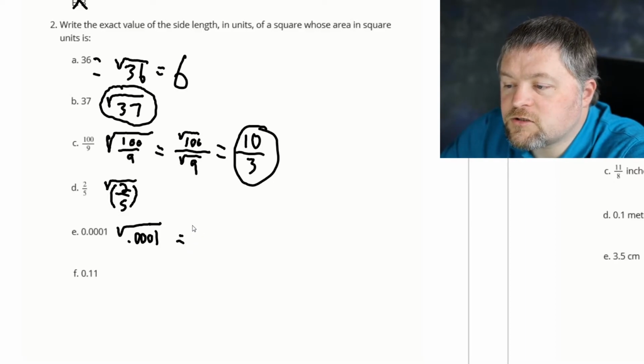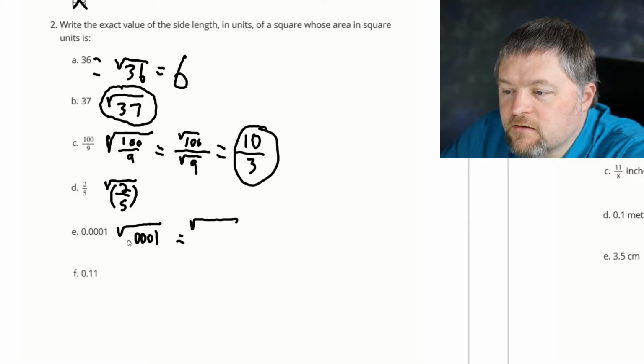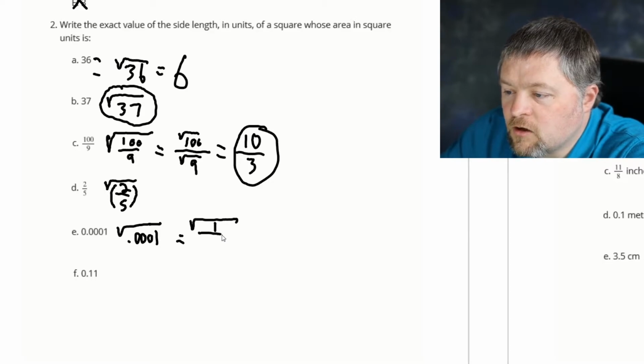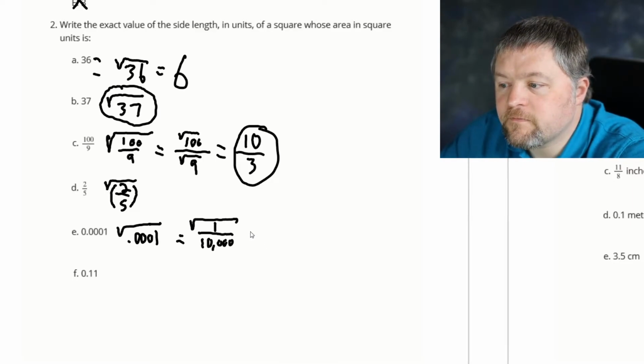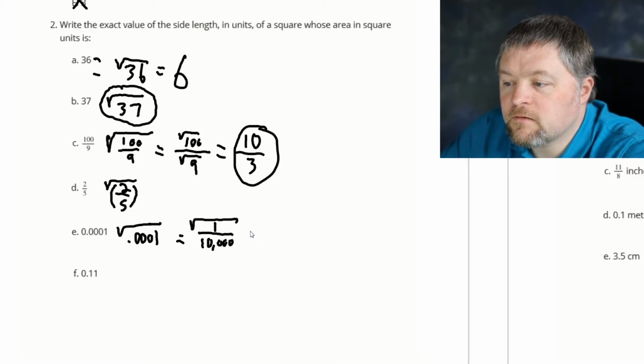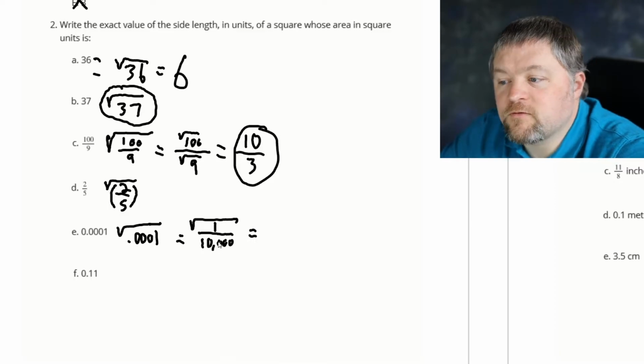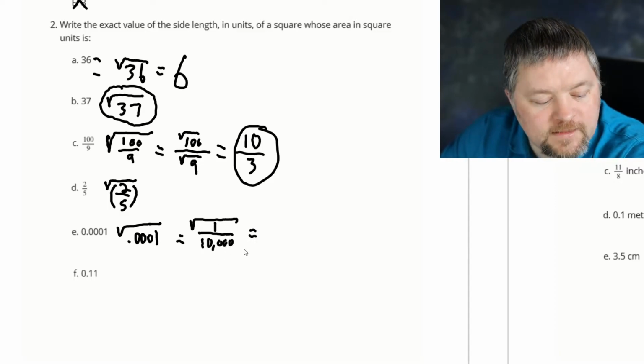We could also think of this as a fraction. 0.0001 would be tenths, hundredths, thousandths, 10,000ths. 1 over 10,000, which would be the square root of 1 over the square root of 10,000.